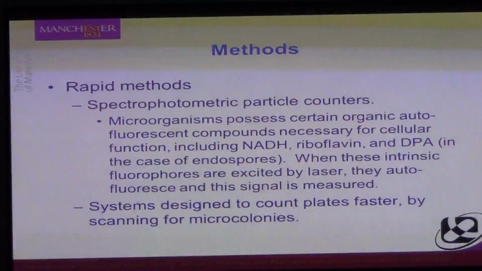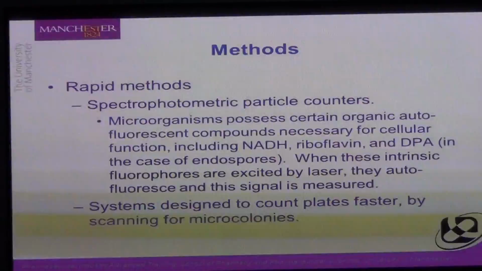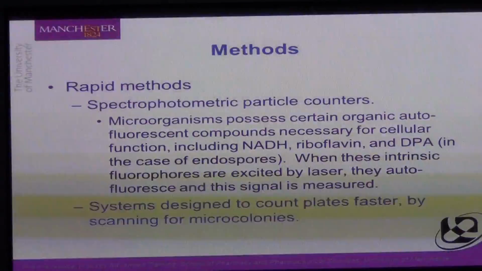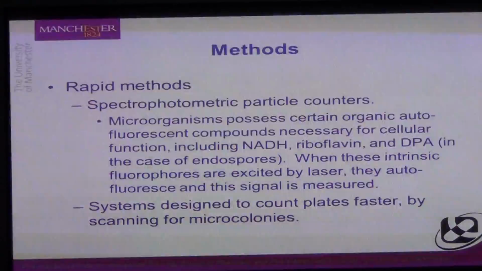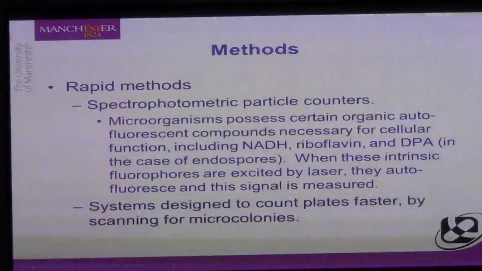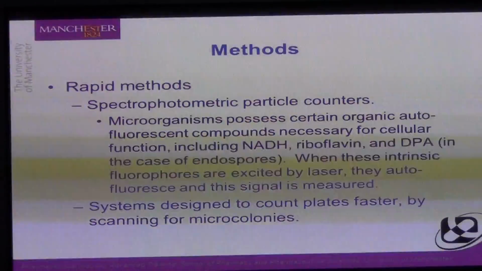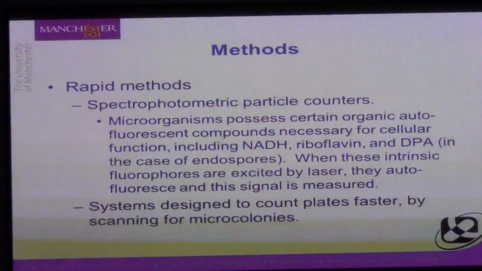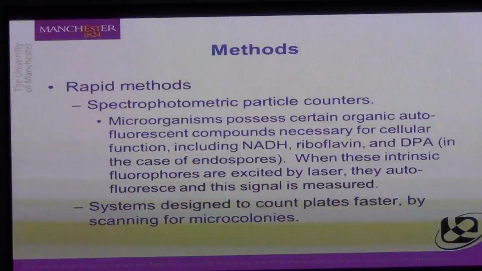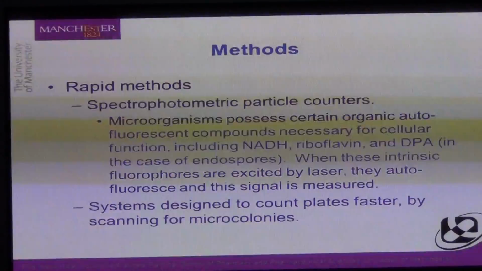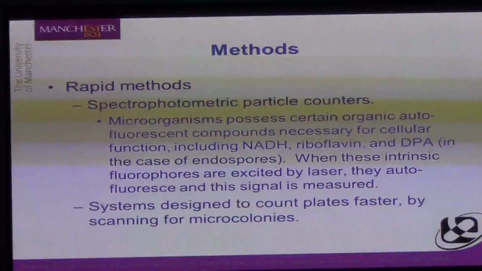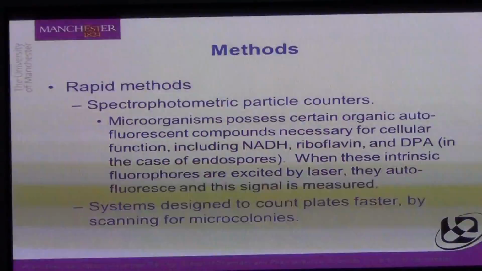One of the big innovations in the last few years is rapid methods for environmental monitoring. And here the spectrophotometric particle counters are the main device to appear. These are a bit like classic particle counters, but they not only count the particles, they can differentiate as to whether those particles are viable, as in related to a microorganism, or are inert material.